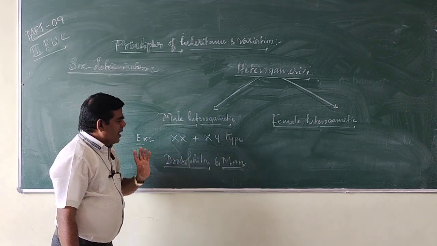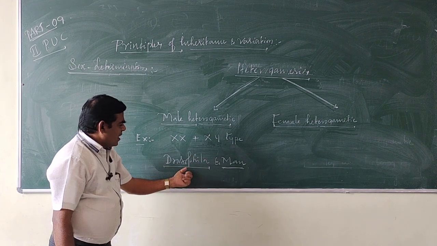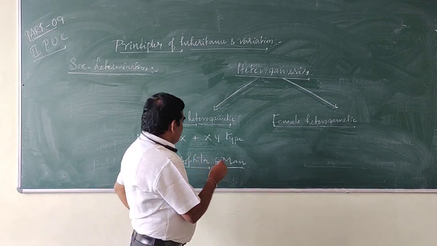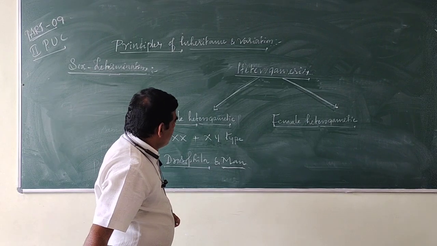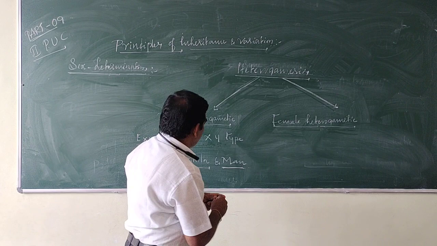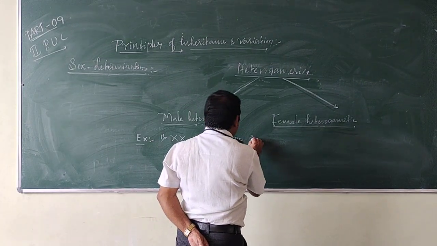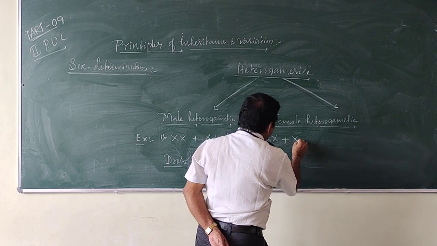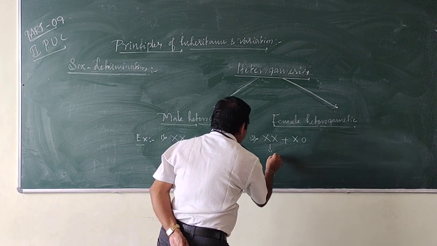Examples are Drosophila and man. One more example is XX plus X0. So this is female.